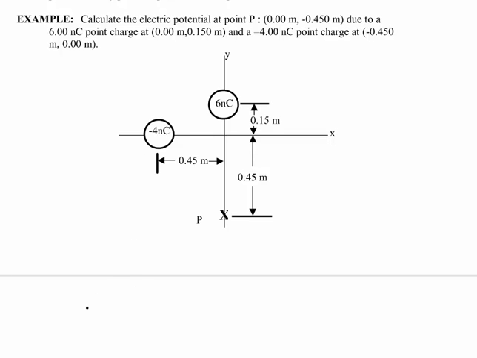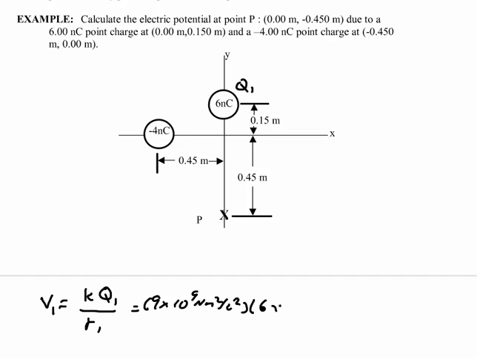Now to do this, we simply add up the solutions for our point charge. So I'm going to first say that V1 is equal to K times Q1, divided by R1. This is 9 times 10 to the 9th Newton meter squared per Coulomb squared times 6 by 10 to the minus 9 coulombs.